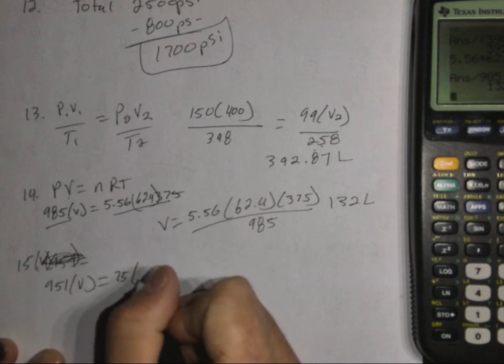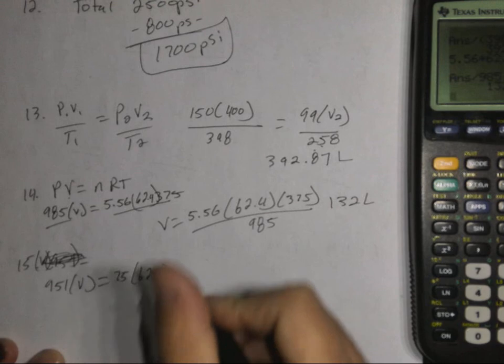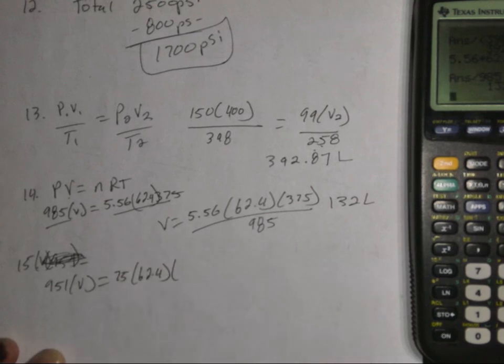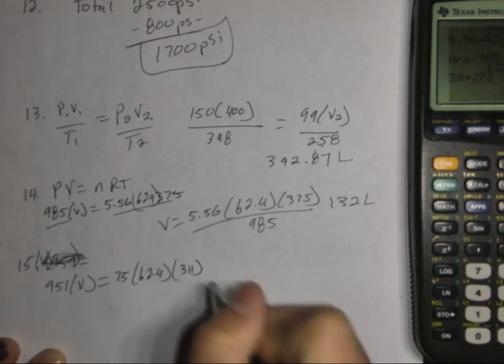Our R value, since we were given millimeters of mercury, is 62.4. It's a constant. And then our temperature, we take 38 C, and we're going to add 273 to it. And that gives us 311.